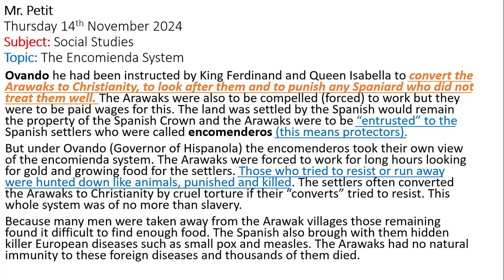Some tried to run away to the mountains, but died for lack of food. Some of the Arawaks even killed their babies. And the reason why they killed their babies is because they're like, listen, we don't want you to grow up and have to go through this. So some committed suicide, some died from lack of food, some died from the diseases.